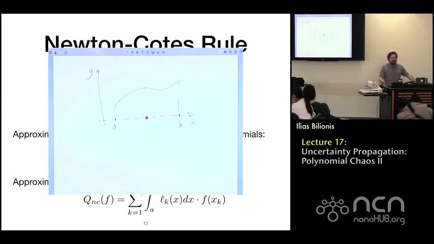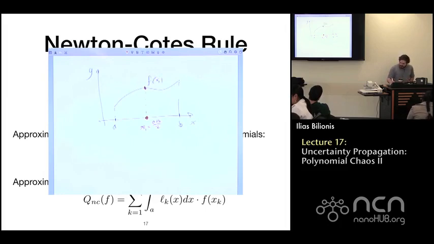It has just one node, and that node is the middle point of A and B, so it is A plus B divided by 2. You go to that middle point and evaluate the function. So this right here is f of x1, f at the middle point.